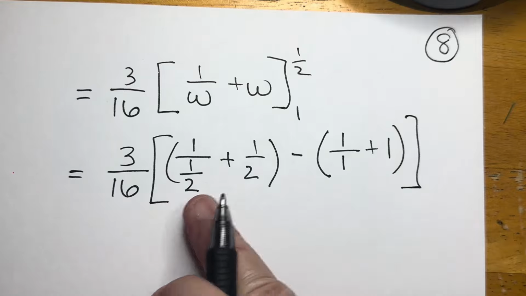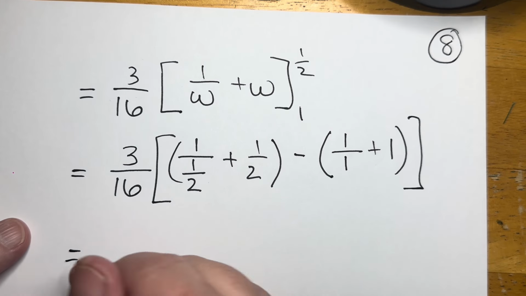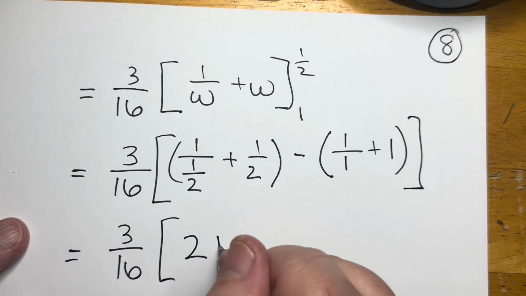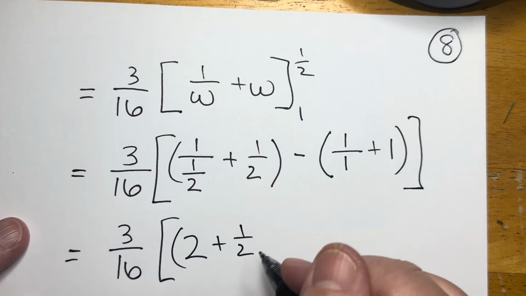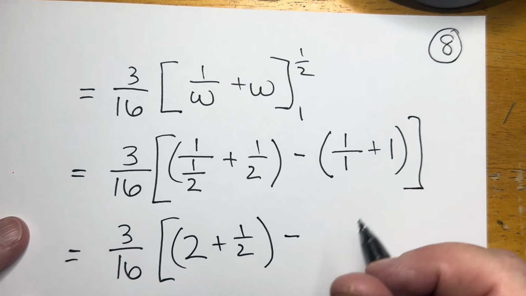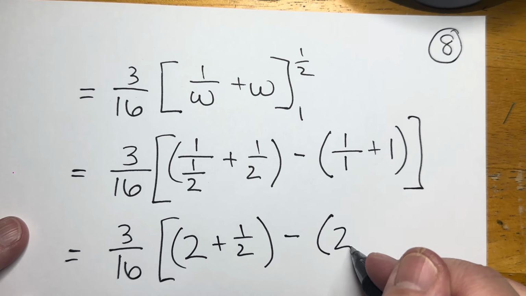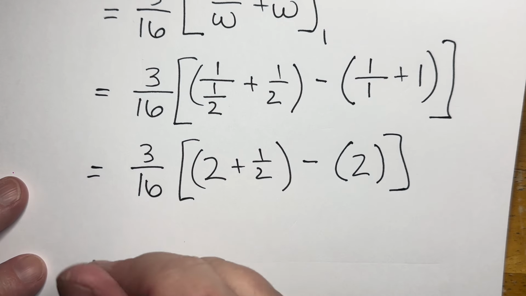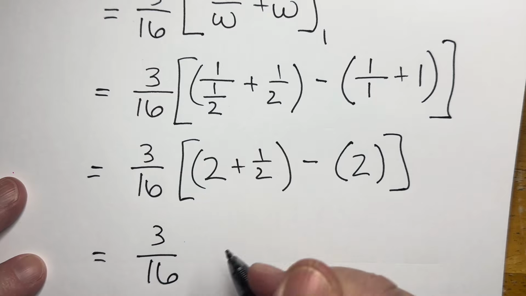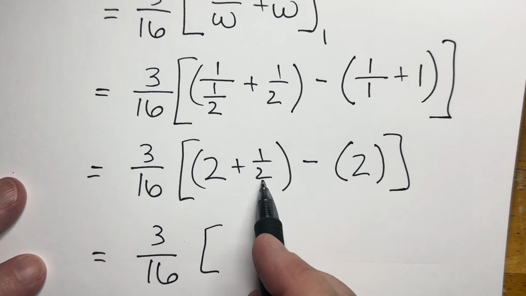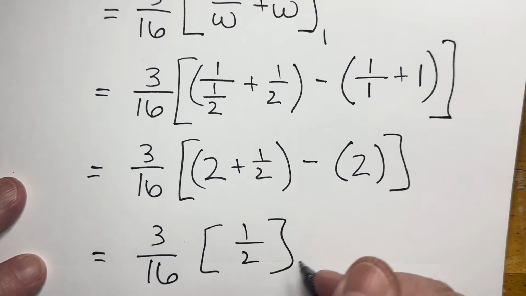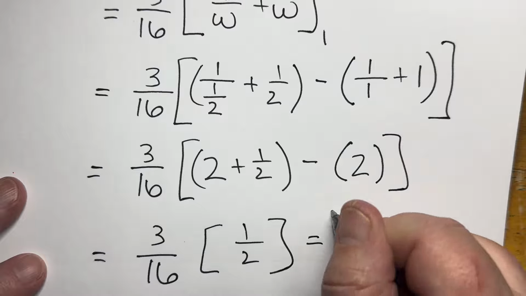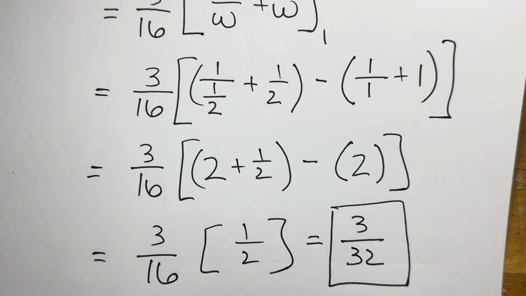Right? So I plug in the halves, and then I plug in the ones. This is 3/16. 1 over 2 is 2. So 2 plus 1/2 minus, and this is going to be 1 plus 1, so minus 2. Did you guys see it? Can you taste it? We are almost there. 3/16. 2 plus 1/2 minus 2 is just 1/2. 3/16 times 1/2 is 3/32. And that is the correct answer.